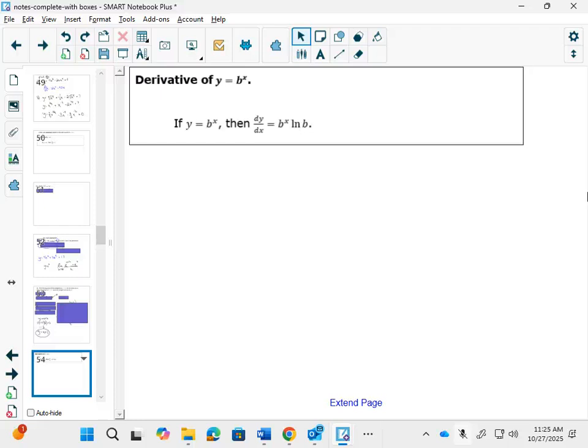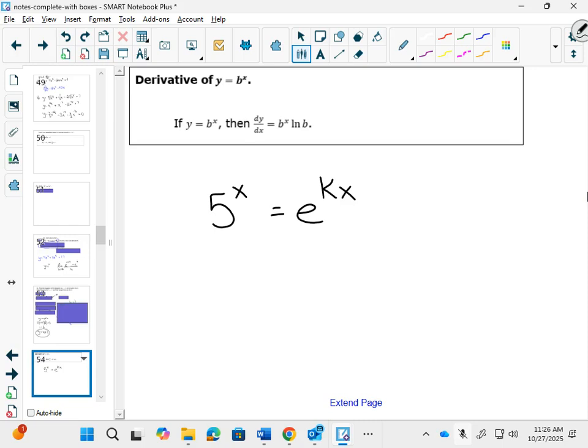And the reason for this is as follows. I'm going to play around with this a little bit. If I had 5 to the x, could I take the 5 and rewrite it like that? In other words, this would have to equal this.